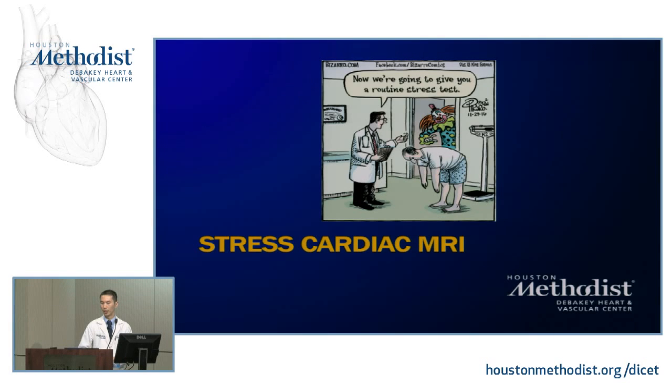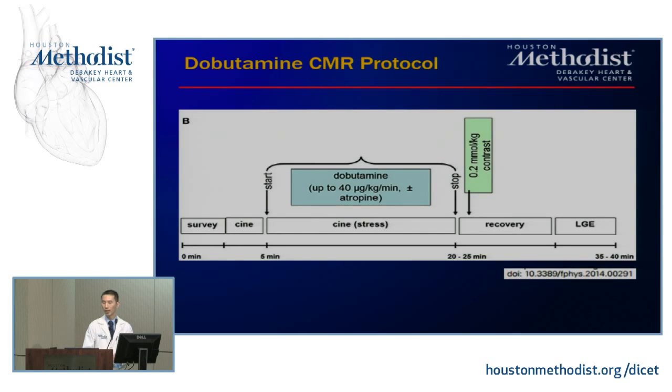Okay. Moving along, talking about stress cardiac MRI itself. We can actually do Dobutamine CMR. In fact, we used to do this a lot more when we were assessing questionable aortic stenosis, whether or not it was pseudo-stenosis. And there's actually pretty good data out there.